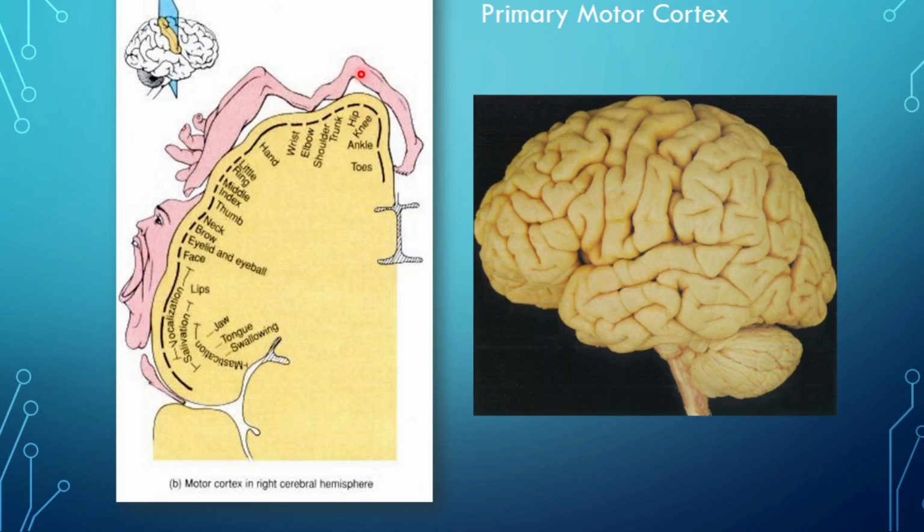So at the superior aspect of the cerebrum, and dangling down into the longitudinal fissure, we see the feet and the legs. And then as we move down and more lateral, away from that longitudinal fissure, we'd see the trunk, we'd see the hands and the fingers.